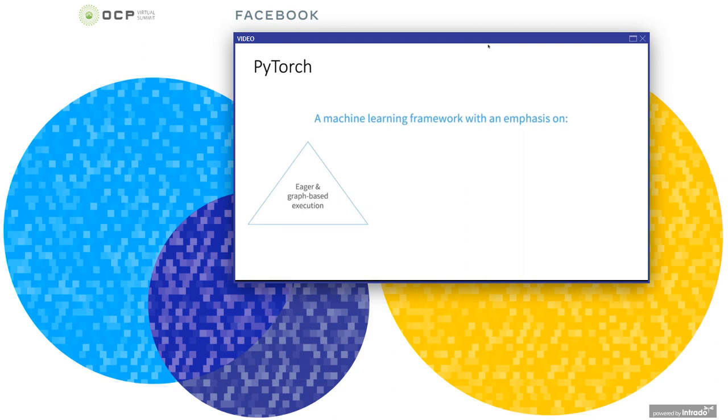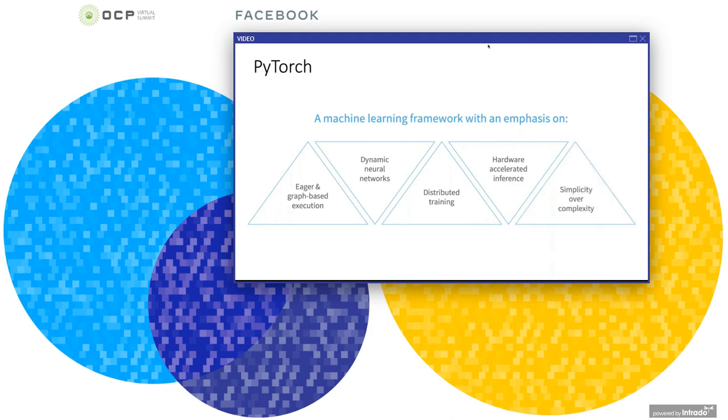Here are a few key tenets of PyTorch itself. One of the key basic principles of PyTorch has been eager and graph-based execution, which allows for fast experimentation and supports dynamic neural networks. Although these are not mainstay requirements for a deployed application, it provides a very nice feature to be able to experiment and very quickly prototype models.